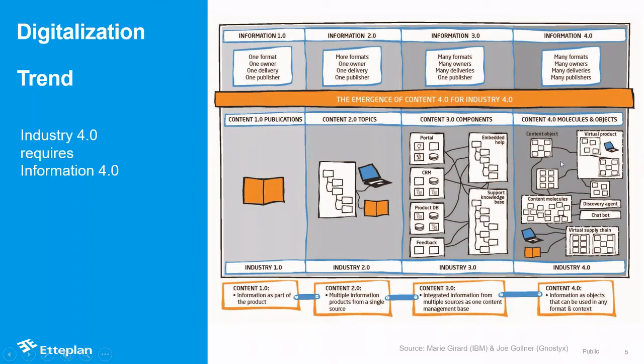And information 4.0 is that this information is a molecule that is reusable anywhere it needs to be used. So while creating content, you do not know how this content in the end will be published, where, on what kind of device. So that publishing part is not under your control. So there are many formats, many owners, many deliveries, and many publishers. So it's not under the control of one publisher. There are many publishers where this information is combined.